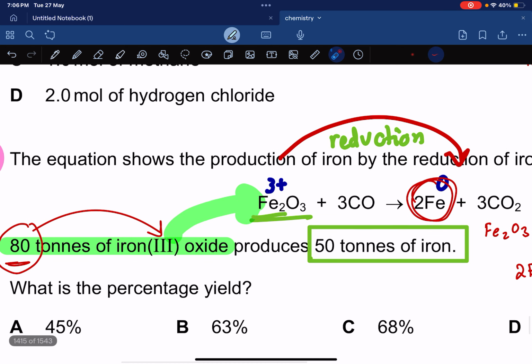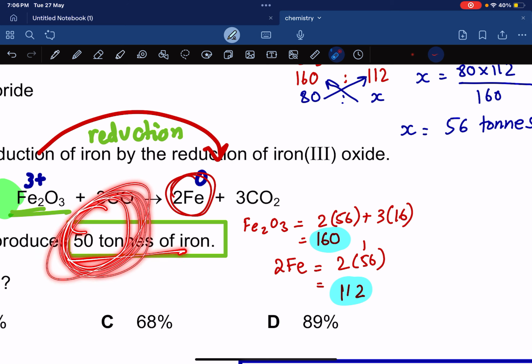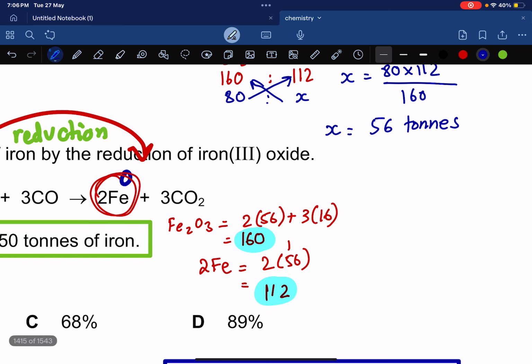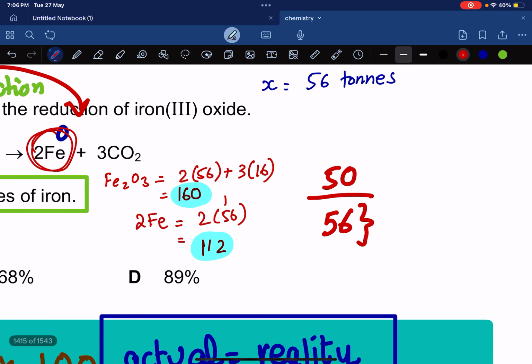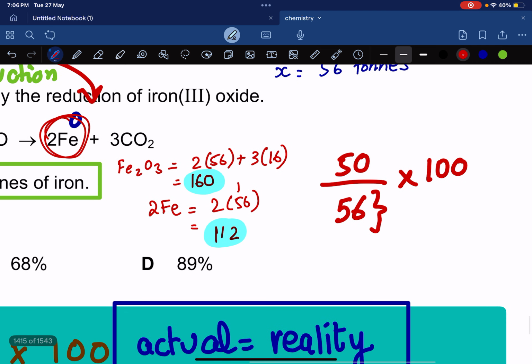So what's the percentage yield? In reality, I should get this. In lab, when I performed the experiment, I only got 50 tons, but on paper, I got this. So it's going to be my actual yield, which I got in the laboratory, which is 50, upon my theoretical yield, which I got in theory, 56, since I should get 56 if it was a 100% yield, times 100. That should give me 89%.